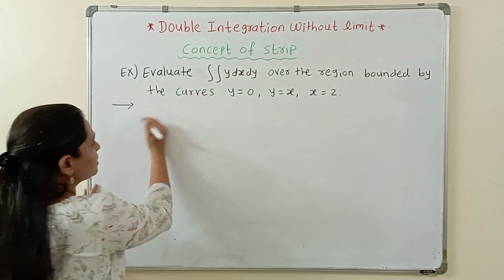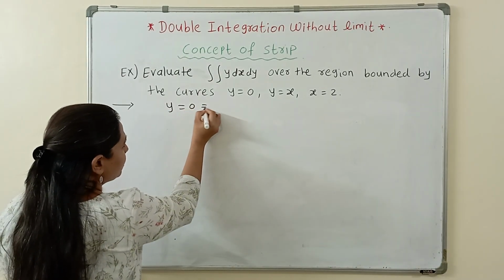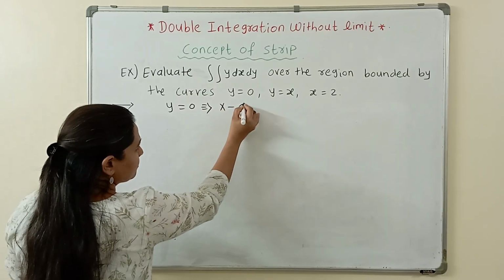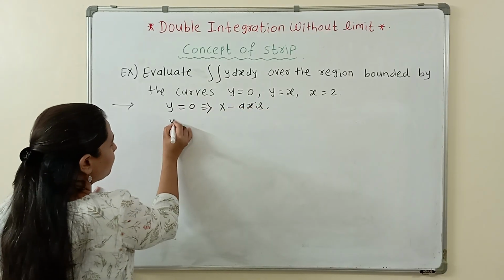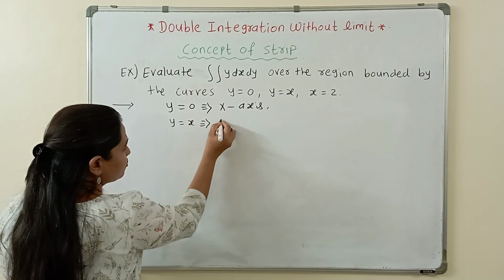Okay, I will write down these things here. So y equal to 0 is what? It is the x-axis. Then y equal to x is what? A straight line.